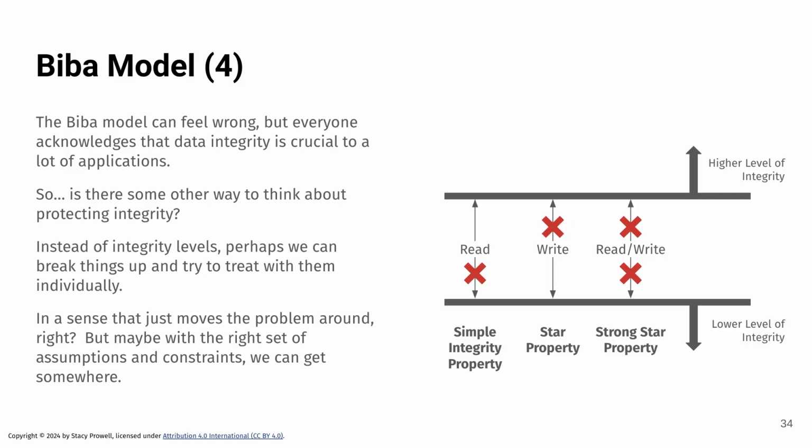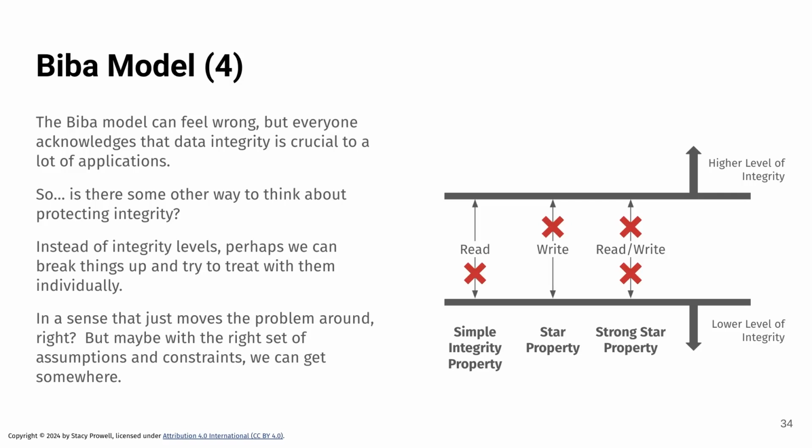Instead of just mapping out all of the subjects and the objects and using this tranquility principle to make sure everything is fixed, maybe what we can do is break things up and treat them as a number of smaller problems. Now, the nice thing about the Biba model is it has a lot of absolutes, and that makes it easy to prove some very strong things. So whatever we do from this is going to require that we do a lot more work to prove things are true, but it may be more useful.